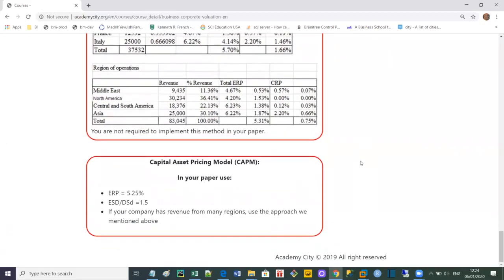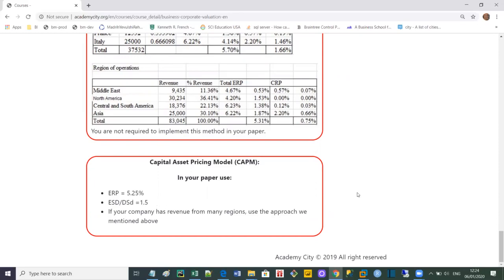Okay, so let's summarize. In your paper, you use an ERP of 5.25, you use the ratio of the standard deviations of 1.5, and you implement the beta based on the industries in which your company is operating.